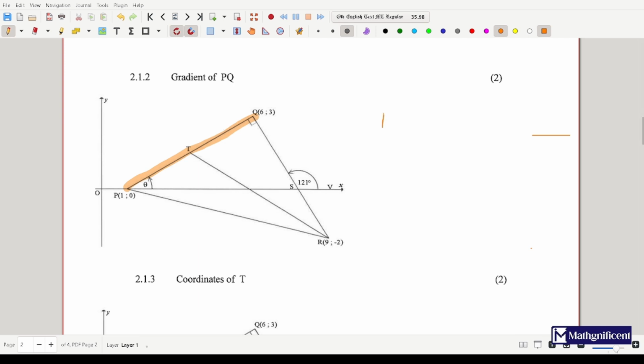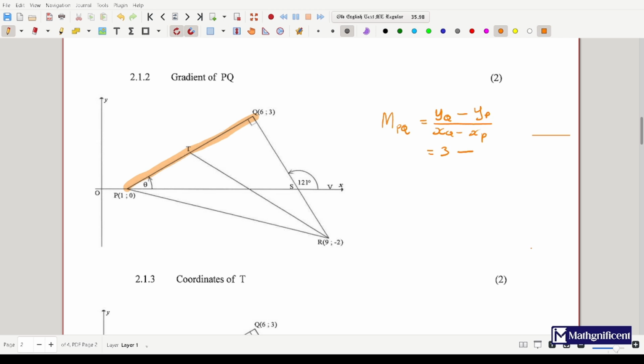We know that there's this formula that says that the gradient of PQ, mPQ, is the same as yQ minus yP divided by xQ minus xP. So we know that what's the y value of Q? The y value of Q is 3.